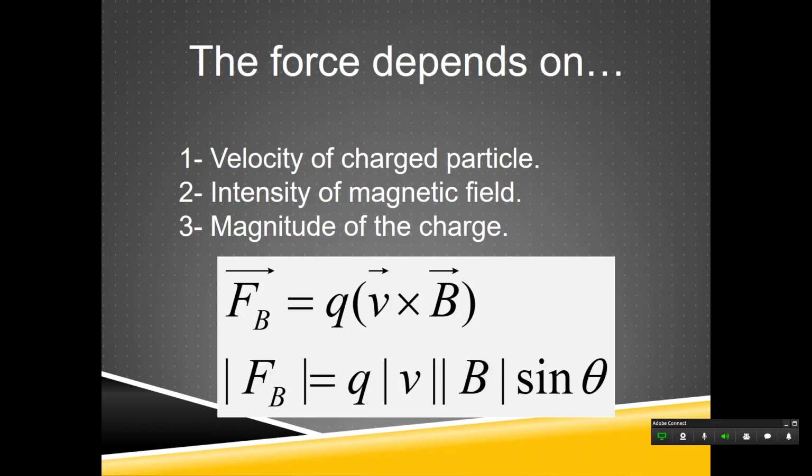I hope so. To find the magnitude of the cross product, I've also set up this equation just underneath it. The force of the magnetic field is equal to the magnitude of the charge, whether it's positive or negative, in coulombs, multiplied by the magnitude of the velocity vector, multiplied by the magnitude of the magnetic field vector, and then multiplied by the sine of the angle that separates them.